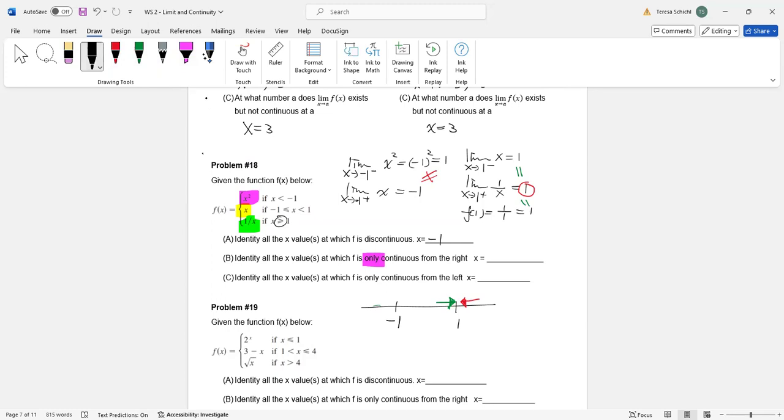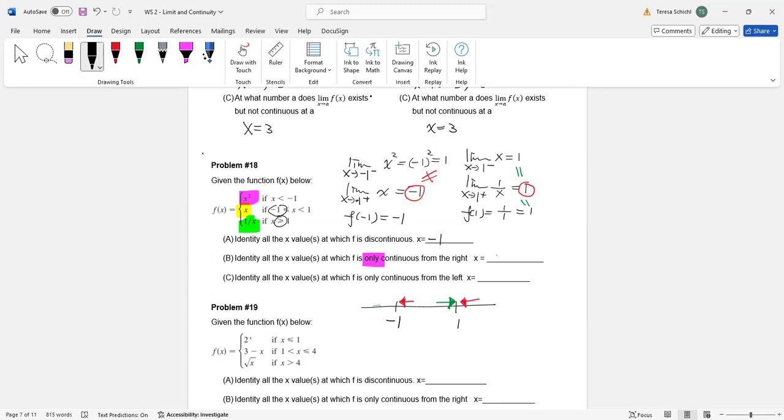How about -1? If I approach from the right, these are the numbers here, and the function value is f of -1, which is here. It's -1. Good, they are equal. So that means -1 is continuous from the right.